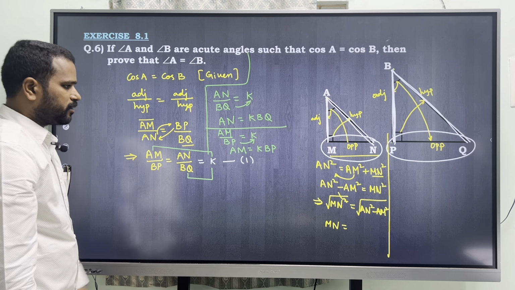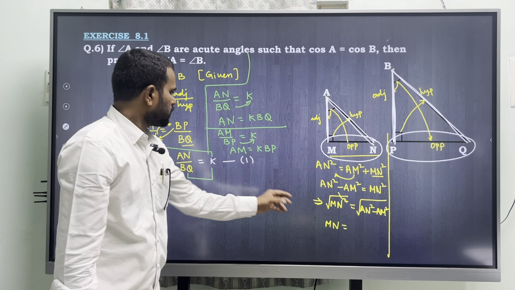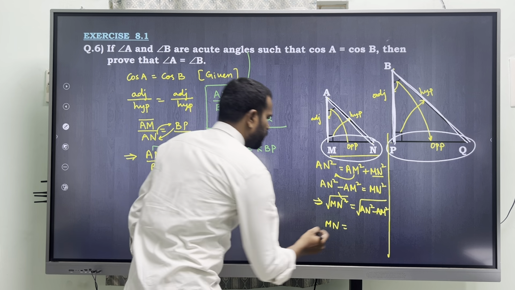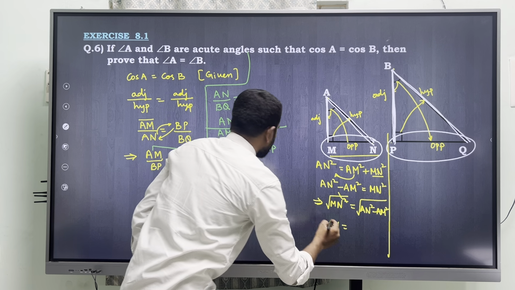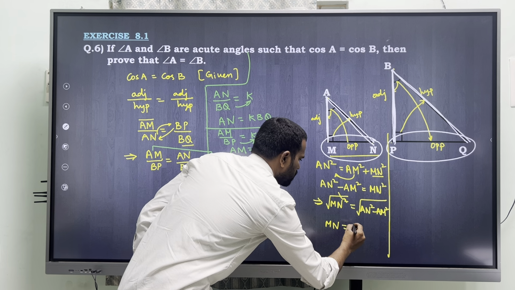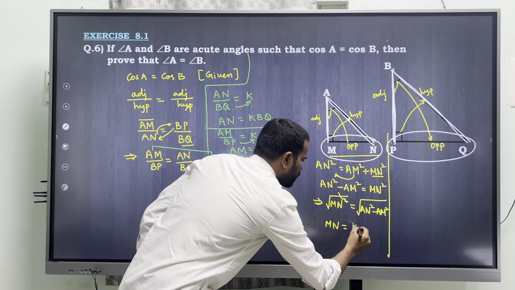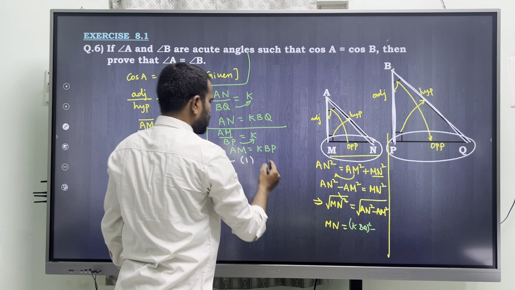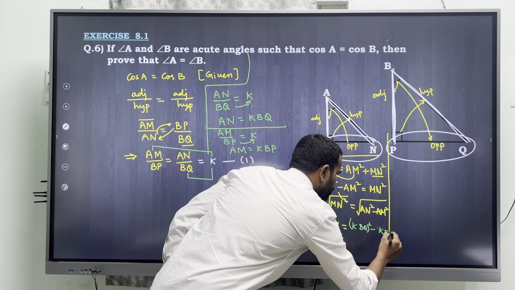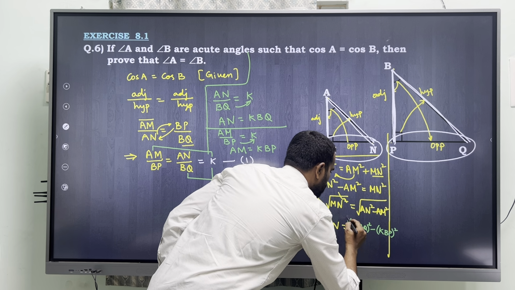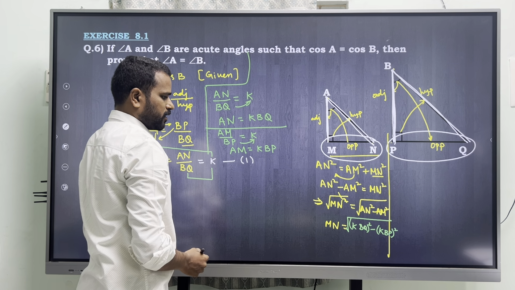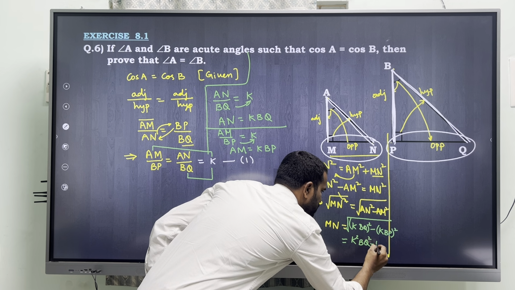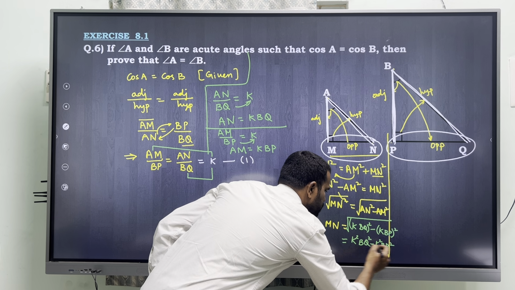Understand? Now see here, we have AN and AM. AN is K BQ, whole square, minus AM, K BP, whole square. So this becomes K square BQ square minus K square BP square.